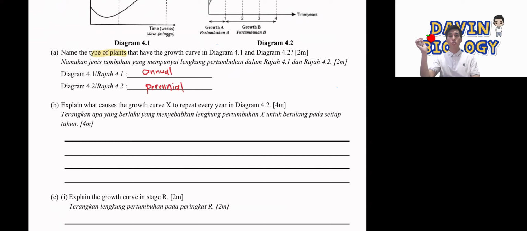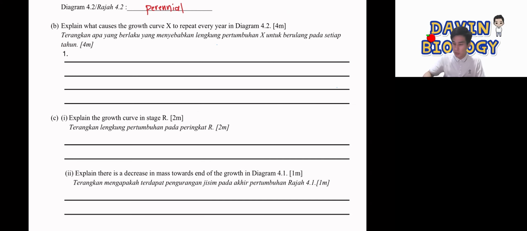What causes the growth curve X to repeat every year? So this is the one that I was mentioning earlier. Why does it repeat in the same way every year? Because every year you have the same season. So here we will say, number one, 2 marks each.